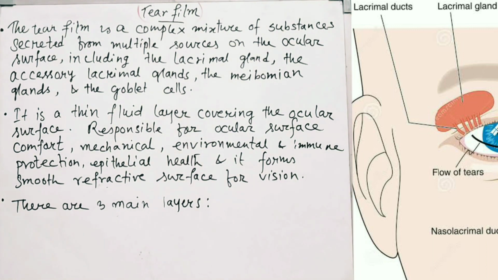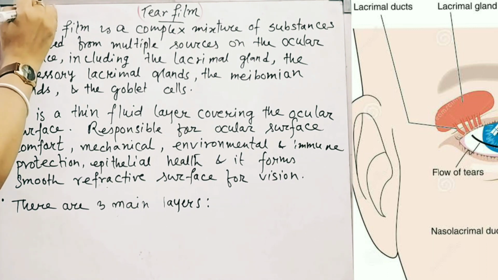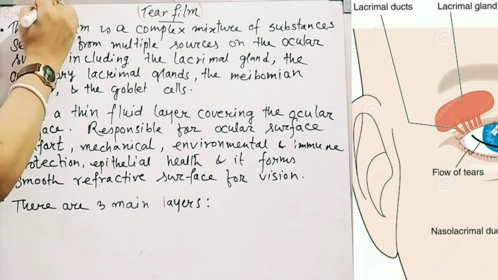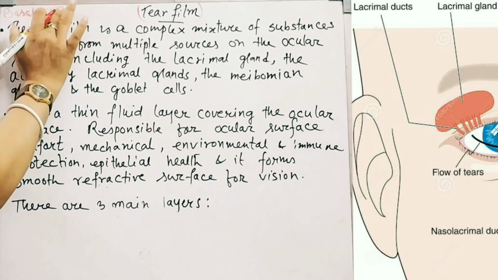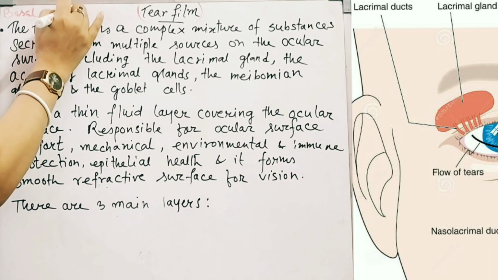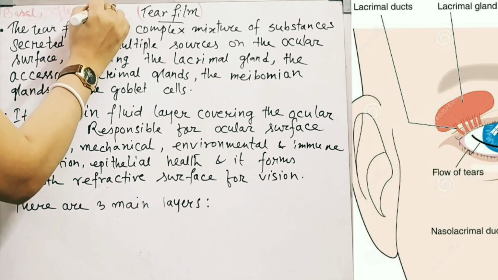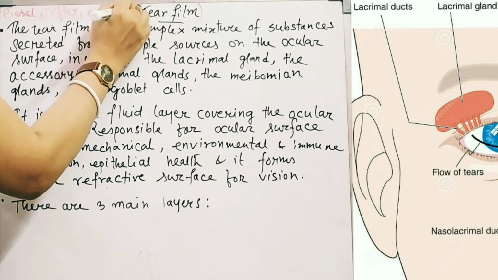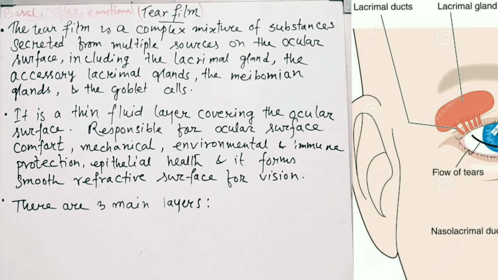The types of tears are basal, reflex, and emotional. So, the three types of tears are actually released, and the tears form the film on the surface of the eye.